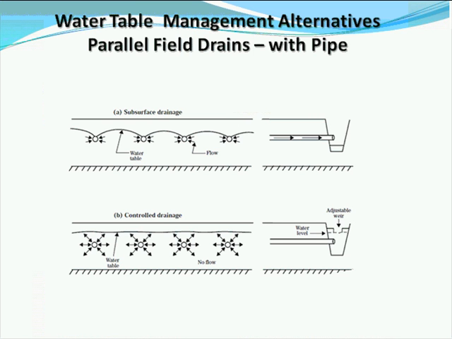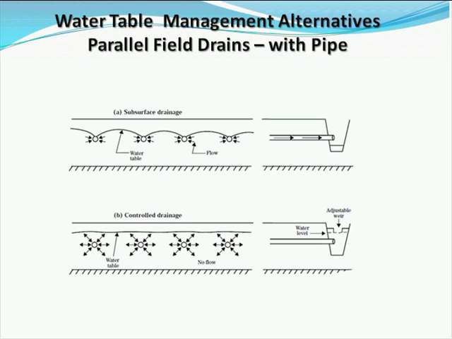What I'm showing right here would involve basically a combination system. You would have subsurface drainage pipe that are laid out across the field, then it's gathered up and conveyed to a surface ditch for disposal or to take off the field.